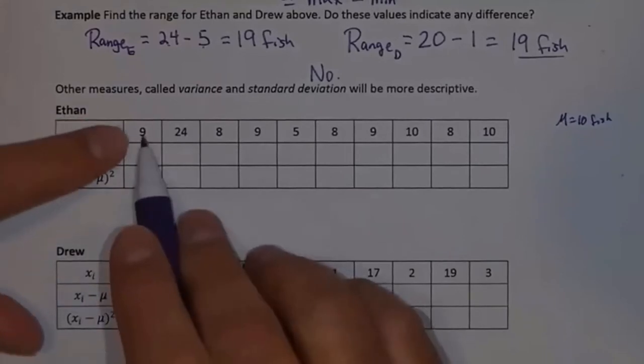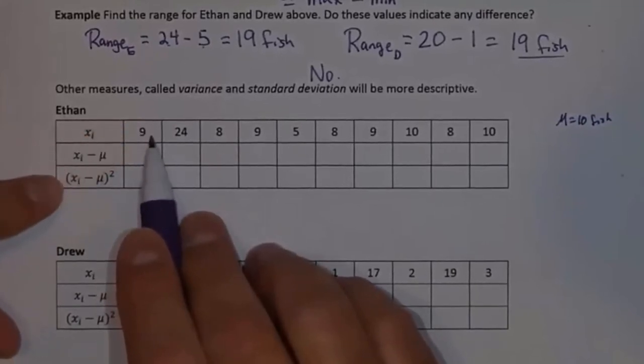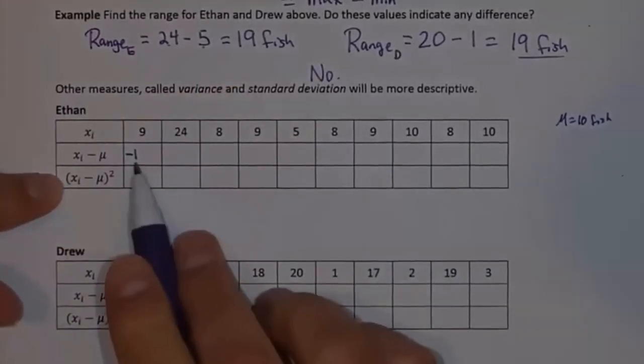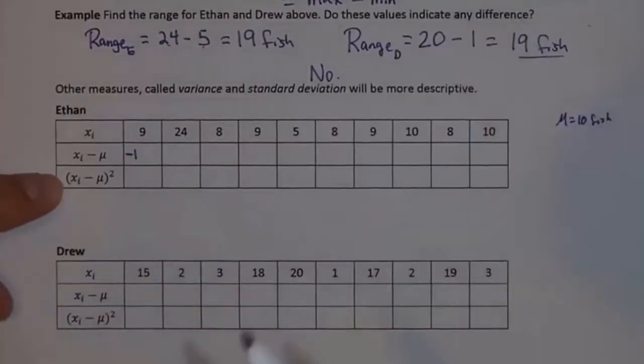In other words, Ethan this day caught 9 fish. Let's take 9 minus 10. Well, 9 minus 10 is -1. That first day, Ethan was 1 fish below average. So that -1 indicates 1 fish below average. That was the deviation.